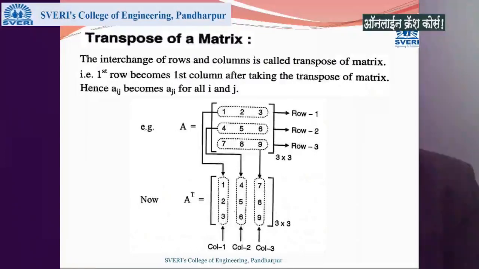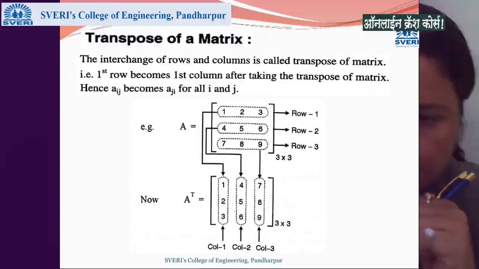Whenever we interchange the rows into columns, that will be the transpose of that matrix. So here 1, 2, 3 is the first row, 4, 5, 6 is the second row, and 7, 8, 9 is the third row of that matrix.